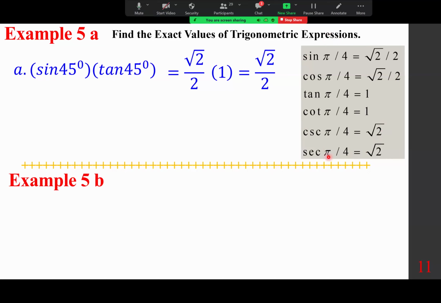We should memorize them. It's a must. Secant of pi over 4, which is square root of 2, times cotangent of pi over 4, which is 1. And we get square root of 2. And again, if you don't memorize it, it's just 1 divided by cosine.